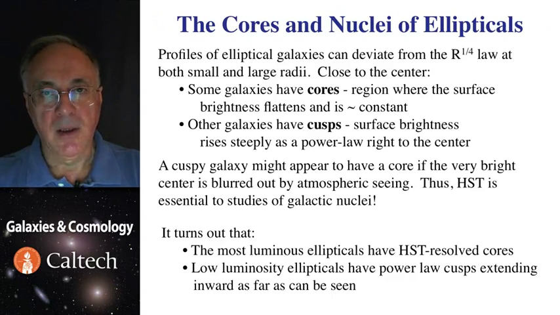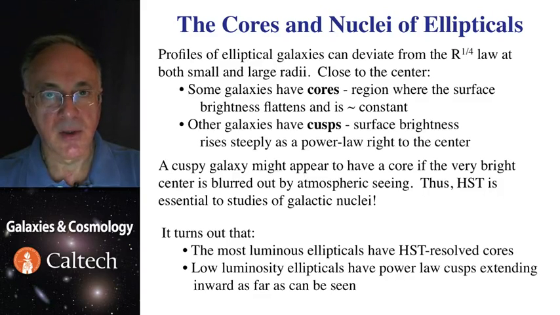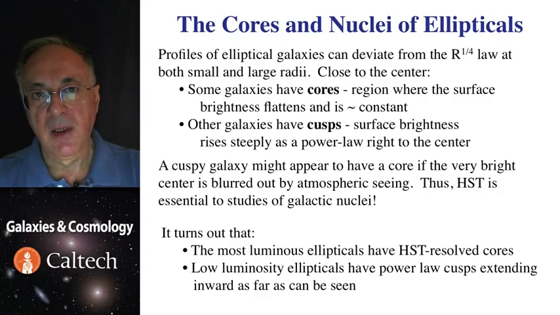On the other end, near the centers of galaxies, there are interesting things happening. In Hubble's days, seeing and angular resolution simply were not good enough to actually tell what's happening in the inner arcsecond or so. And nowadays, with the Hubble Space Telescope, we can probe the inner portions of the elliptical galaxies. And interesting things are happening there.